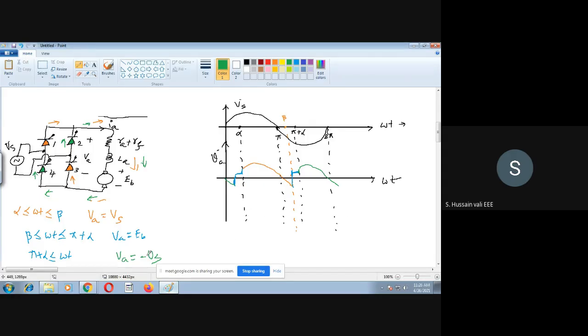This will happen till another range. In this range, I must tell you that from pi plus alpha to 2 pi plus some angle, that duration is the same as this duration. So the duration is beta minus alpha.